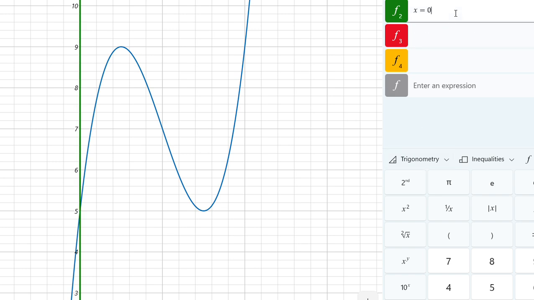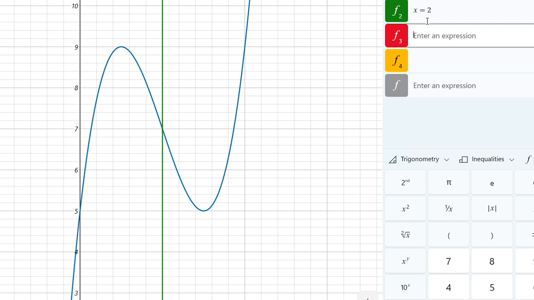What did we say is the point of inflection? It occurred at x equals 2. At this point, there's a change in concavity from concave up to concave down. The rate of change of the slope at this point is 0, because the second derivative is the rate of change of the first derivative. So this is the point of inflection.